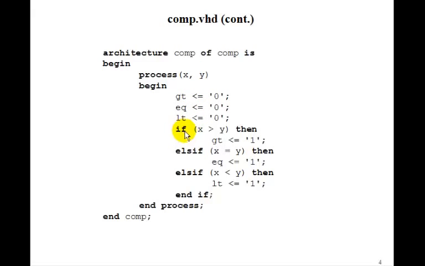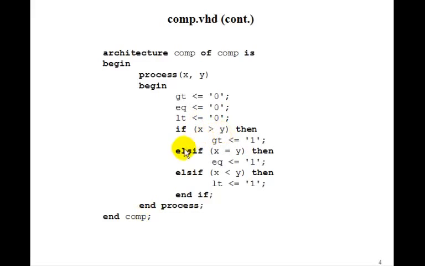So if x is greater than y, then greater than gets 1. Now remember, we set greater than to 0 here, but the signal assignment statement doesn't get executed until the end of the process. So even though we set greater than to 0 here, if x is greater than y, then greater than will become 1, and that will be the final value it gets.